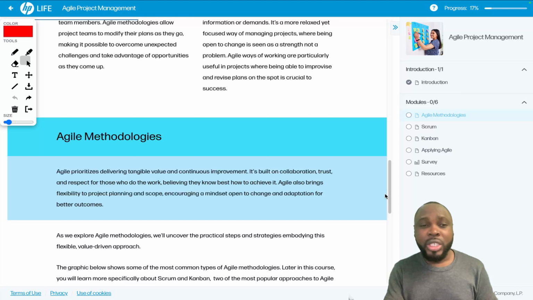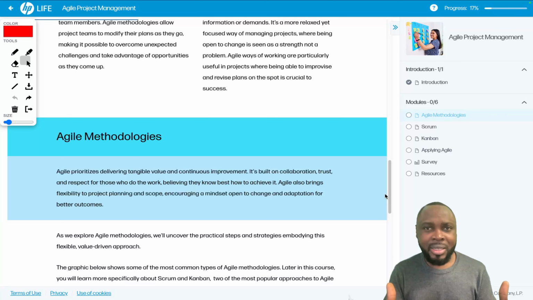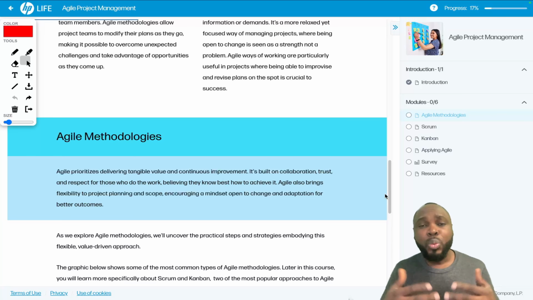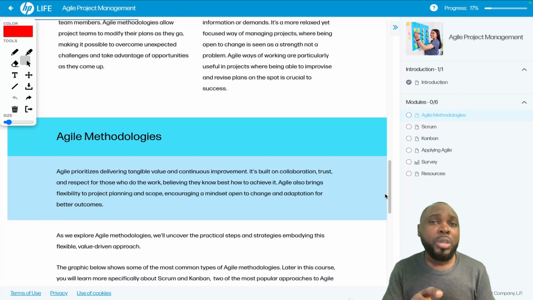Now, agile methodologies. Agile prioritizes delivering tangible value and continuous improvements. It's built on collaboration. So you want to meet with the team daily, maybe during your stand-up meeting, you discuss the projects. What's the way forward? Is there anything that is blocking or will prevent us from delivering value? And trust and respect, for everyone who is involved in building or doing the job. So in agile, you believe people are self-organizing.